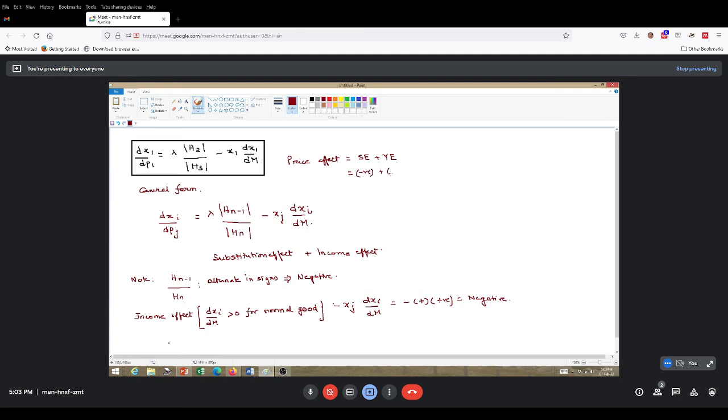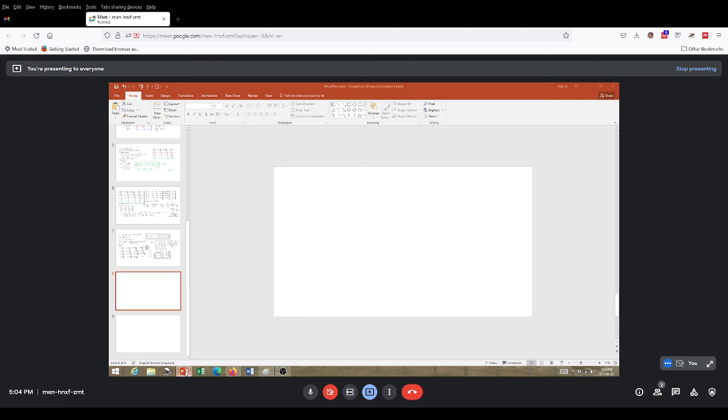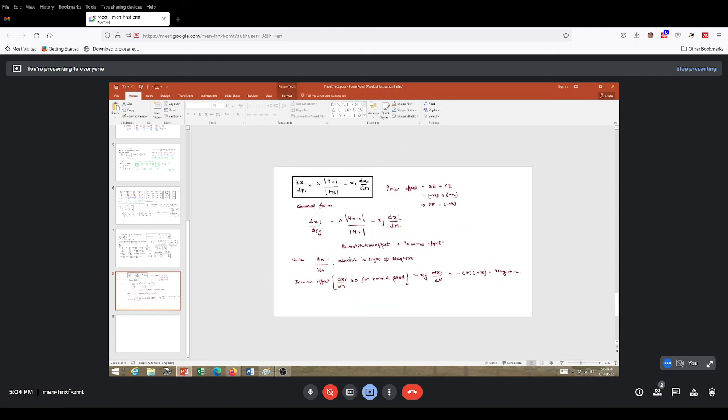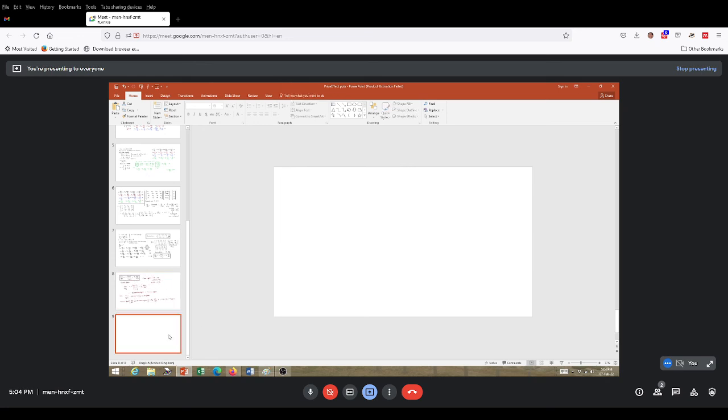Both are negative, which implies that the price effect is also negative. Of course, we are assuming that they are substitutes, one, and secondly, they are normal commodities. Okay, so this is the decomposition of the price effect into income and substitution effect.